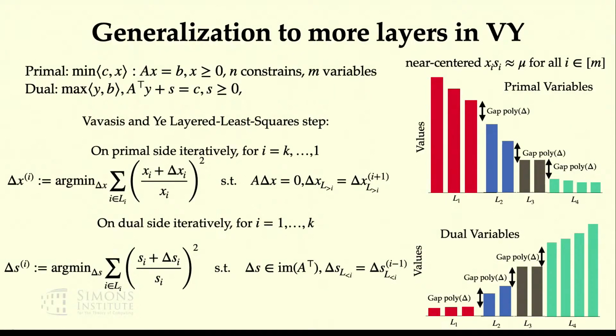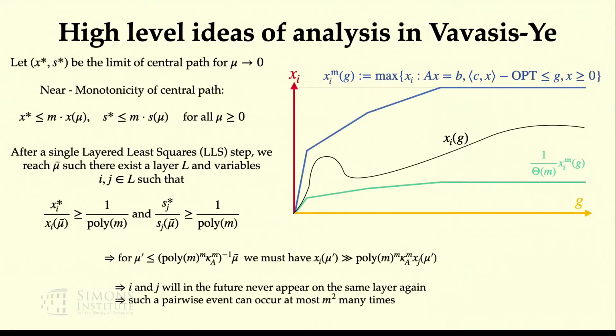And in the analysis, they show that, in fact, you get at most n to the 3.5 log kappa many iterations. And the idea behind this is the following. You need to make some sort of combinatorial progress that tells you that this LLS step doesn't need to be done too often.